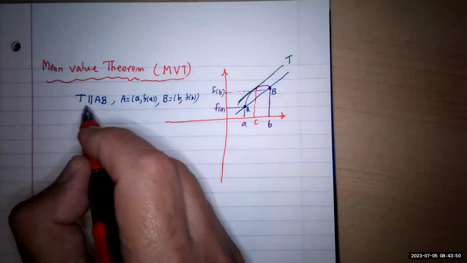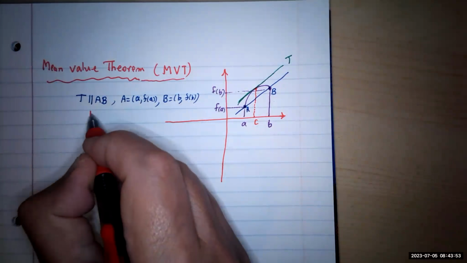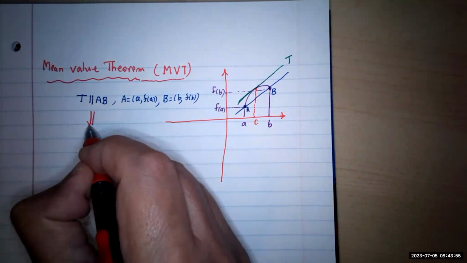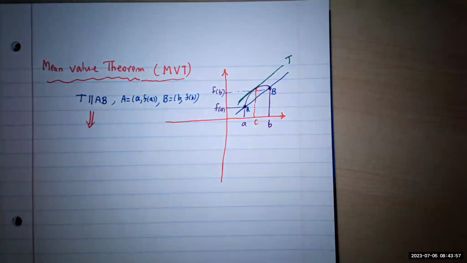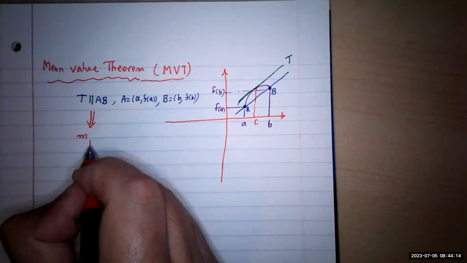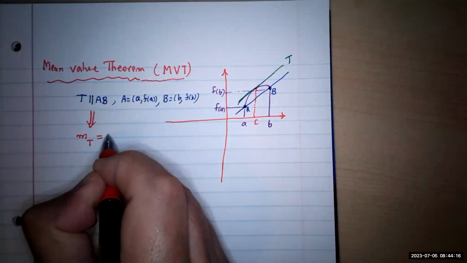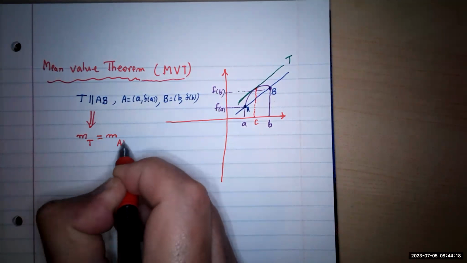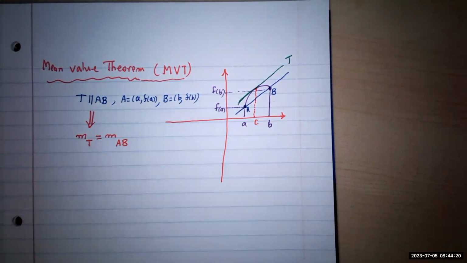When two lines are parallel, what do you know about the slope? Any suggestion? The slope is the same. Excellent, same. So the slope of a tangent line must be equal to the slope of the secant line.